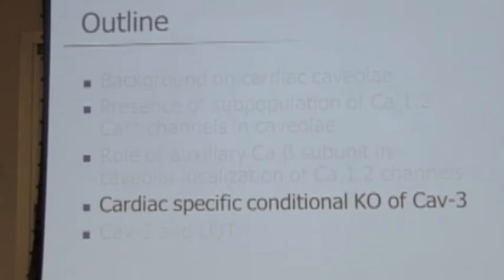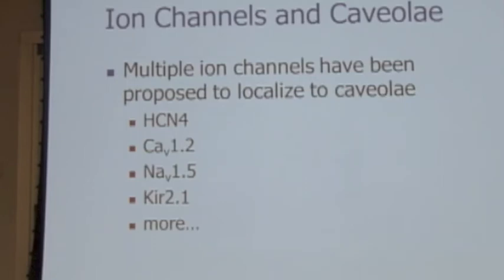So the next story I'd like to tell you a little bit about is that our road of studying L-type calcium channels in the heart and trying to define subpopulations made us question what caveolin 3 as a whole does to cardiac biology, and what we decided to do was construct a cardiac-specific knockout of CAV3 and see its impact in the heart.